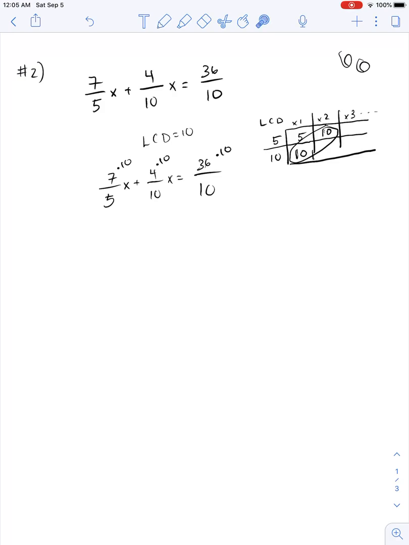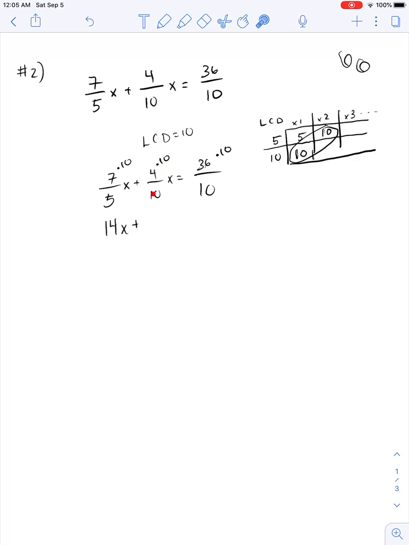All right, and same process, 7 times 10 divided by 5, right? So 7 times 10 is 70. When you divide that by 5, you get 14. So this is a 14x plus 4 times 10 is 40.